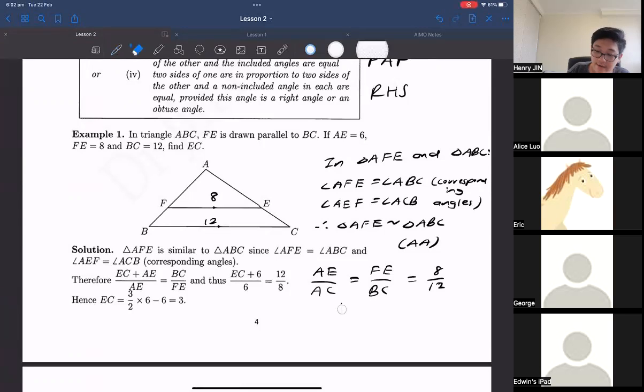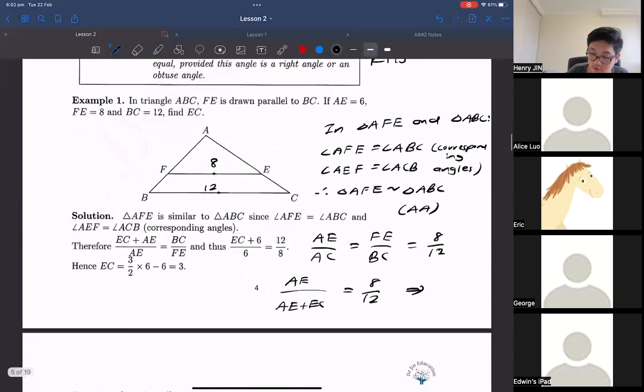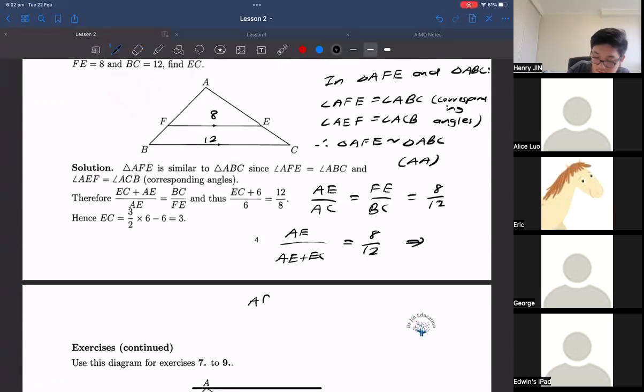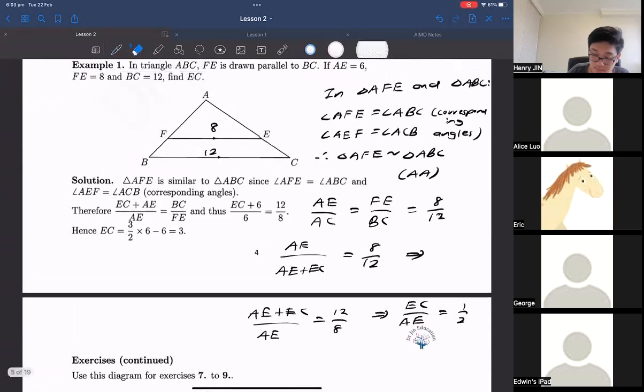EC is embedded within this, so I can just split it up. If you have a question on how to do this, you just flip it and then minus 1 from both sides. EC over AE equals a half. And then AE is 6, they gave it to you here. So EC is 3.